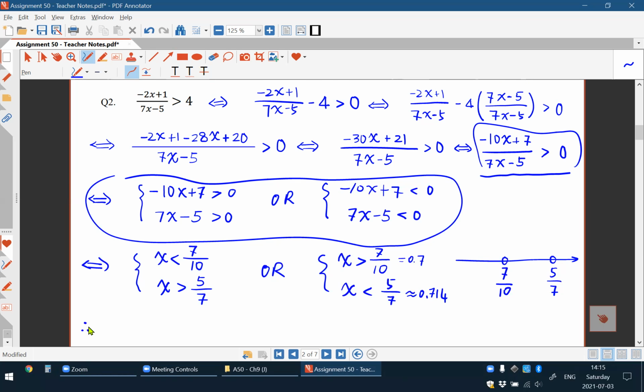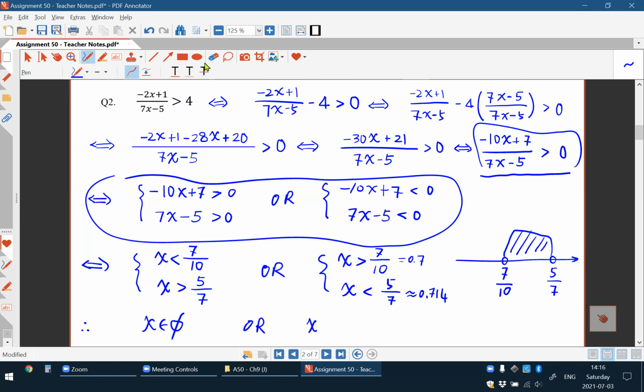Okay, so what is the final result? Let's consider the first subproblem. It says x is smaller than 7/10 and larger than 5/7. So there is no solution for the first sub-question. And the second question says x should be smaller than 5/7 and greater than 7/10. So this should be the solution of the second question, right?